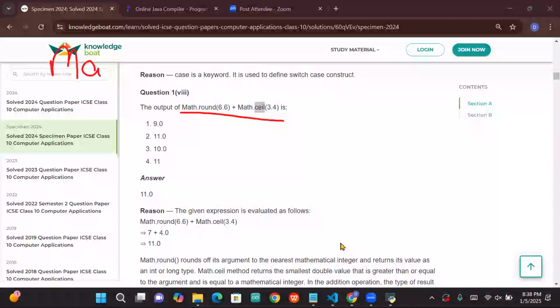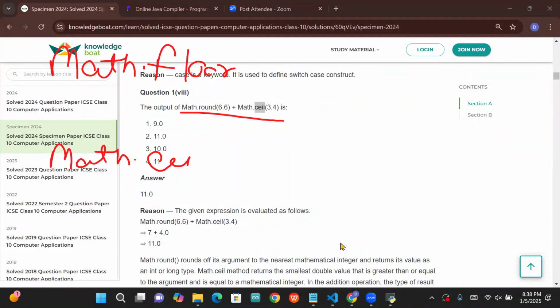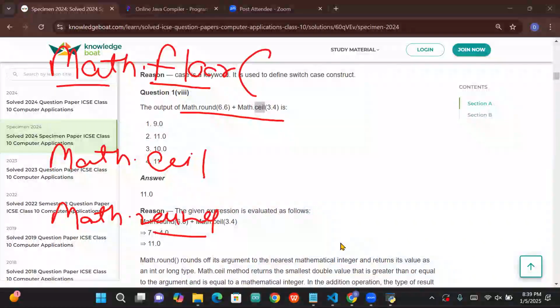There are three functions: Math.floor, Math.ceil, and Math.round. Let me explain how each works. Floor means downside. Suppose you want to convert 2.1.